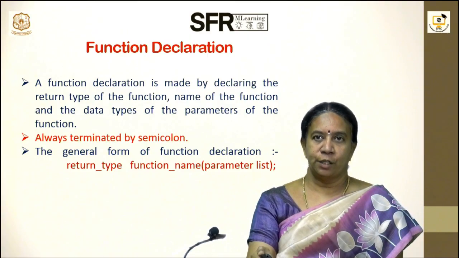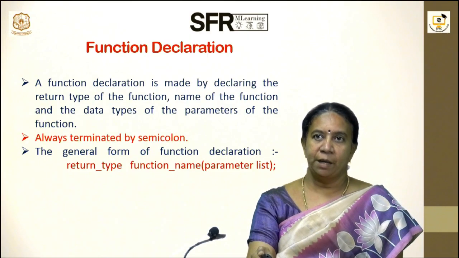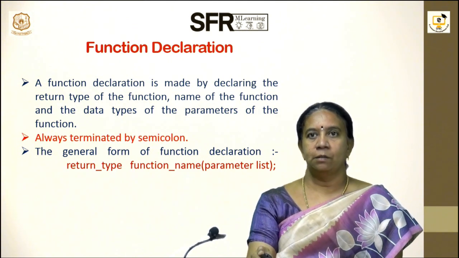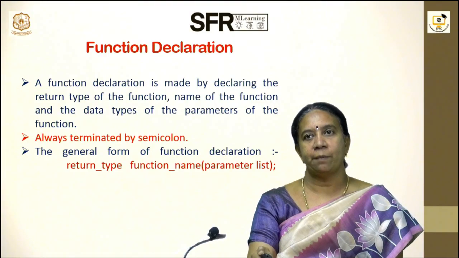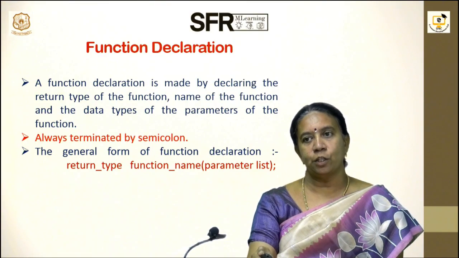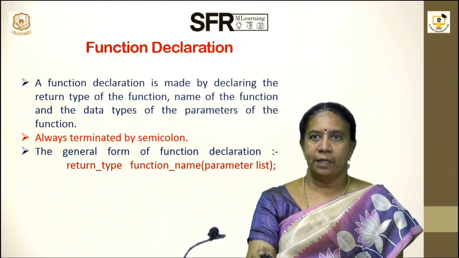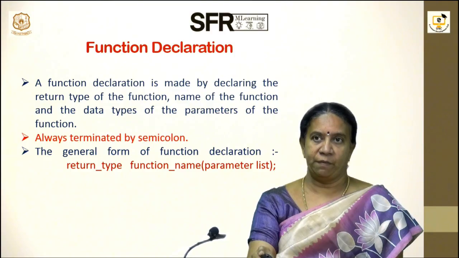The function declaration is made by declaring the return type of the function, the name of the function, and the data type of the parameters of the function. So it is also known as the prototype of the function. It shows the compiler that a function is to be called in this form. The return type may be any data type supported by C++.